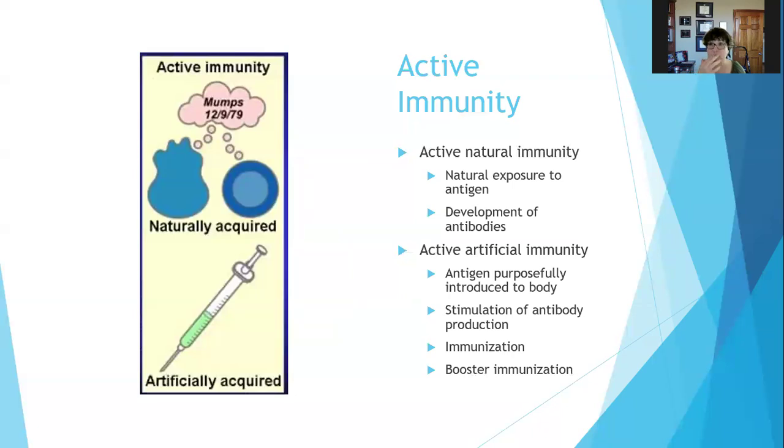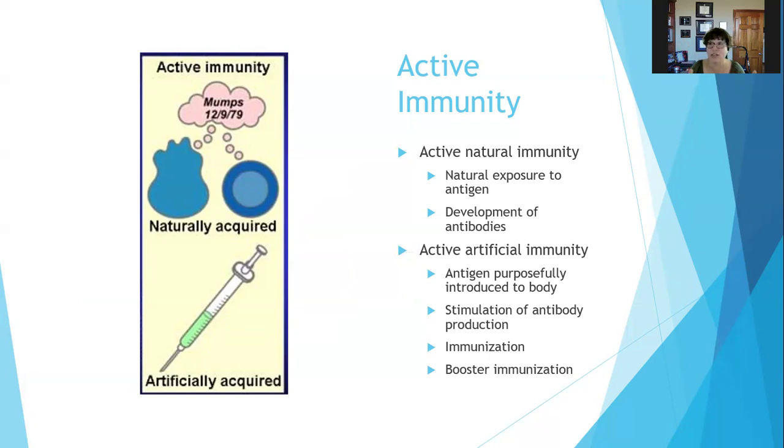So one exposure gives you a future immunity to it. And that's active natural immunity. So if I'm exposed to the chickenpox virus again, my body will say, I know that one, and it'll develop antibodies. Active artificial immunity is where the antigen is purposefully introduced to the body, like a vaccine.